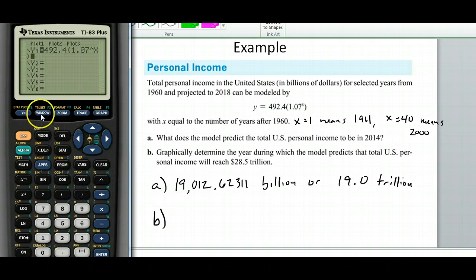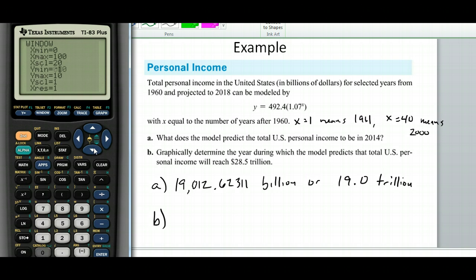Now I'm going to change my window. I'm going to make it go from 0. This goes up to 2014, so let's make it go past that. 40 meant 2000, so 54 would mean this. Let's make it go to 100, and we'll make our scale go in 20s.